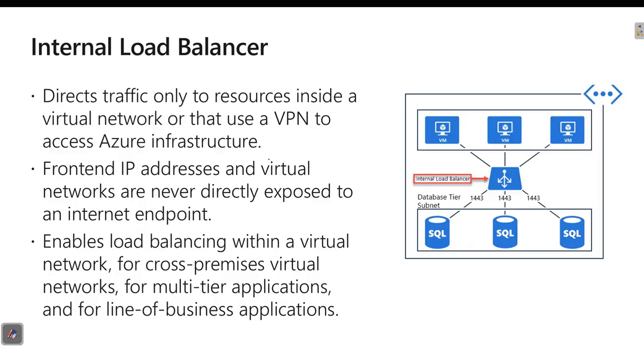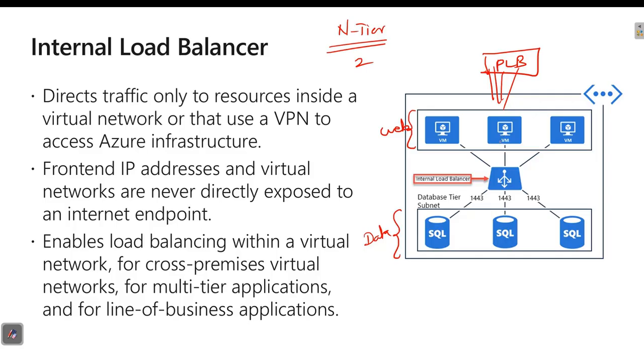We also have internal load balancer. If you see any n-tier architecture, let's take a two-tier architecture here, wherein this is the web tier, which is internet facing, and this is the database tier, which is internal. Now, I can place my public load balancer here so that my web tier servers can balance the internet traffic.